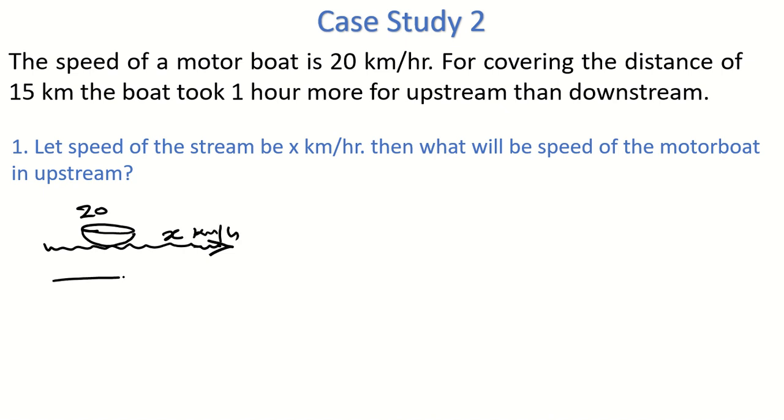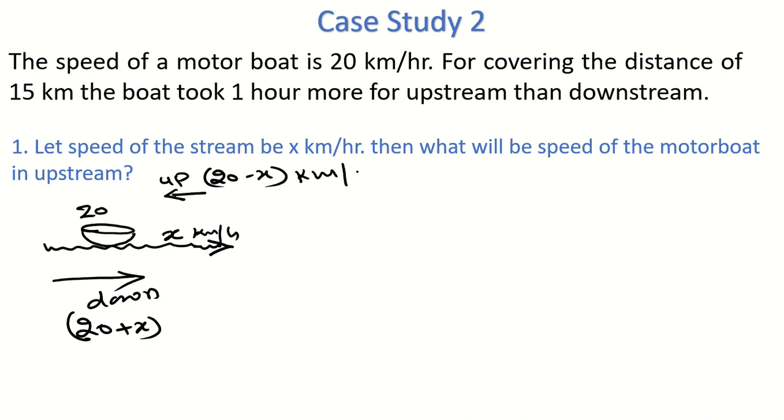Okay, now downstream is this one, and this is the upstream. So what will be the speed in downstream? It will be 20 plus x kilometers per hour, and for upstream it will be 20 minus x kilometers per hour.